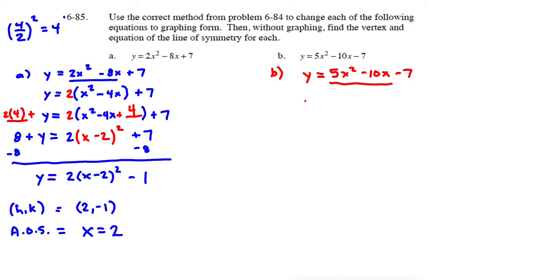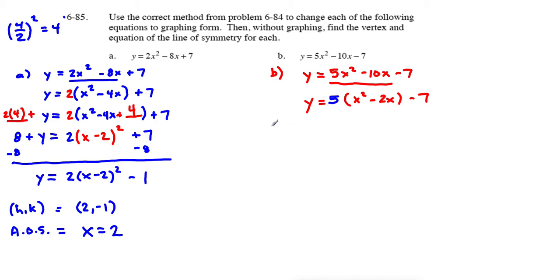So what we're looking at here is y equals 5 times the quantity of x squared. And then remember, 5 times x squared is 5x squared. 5 times what is negative 10x? That would be minus 2x. And then we have minus 7 out here.